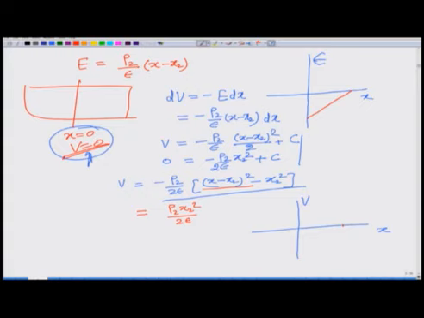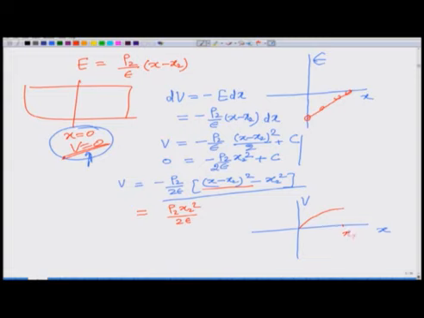So, it is somewhere here, and then it is quadratic. The slope is highest here, electric field magnitude-wise, it is highest here, and then the magnitude decreases. The slope of this V should decrease in that fashion. So, it should be highest here and then it should decrease and then it becomes like this.